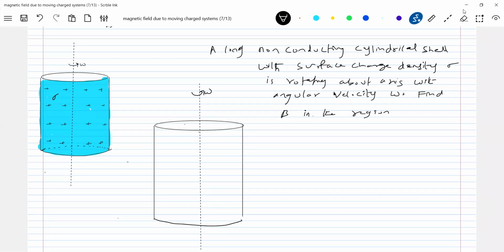So let me assume a strip. In this particular strip, I further take it like this. So let this be the strip now. And one more strip you assume.